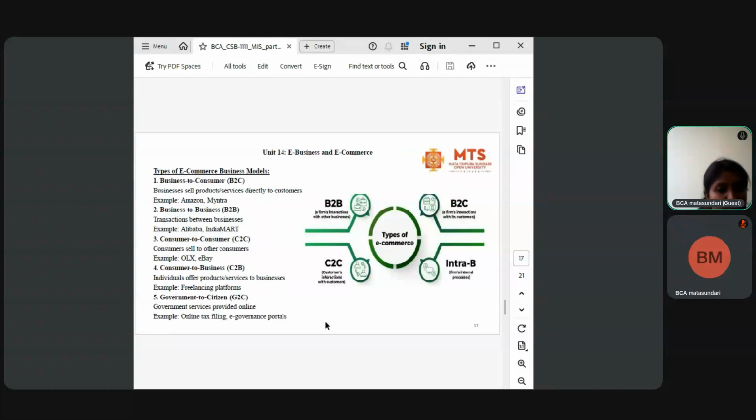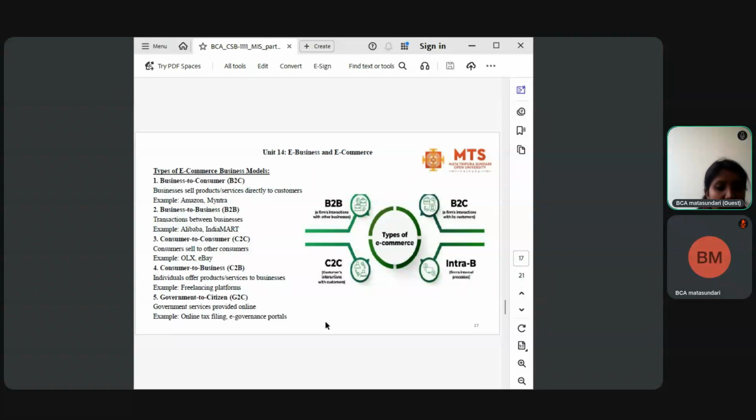Consumer to consumer, C2C, where consumers sell to other consumers. The fourth is consumer to business, C2B, where individuals offer products or services to businesses, for example freelancing platforms. And government to citizen, G2C, where government services are provided online, such as online tax filing or e-governance portals.